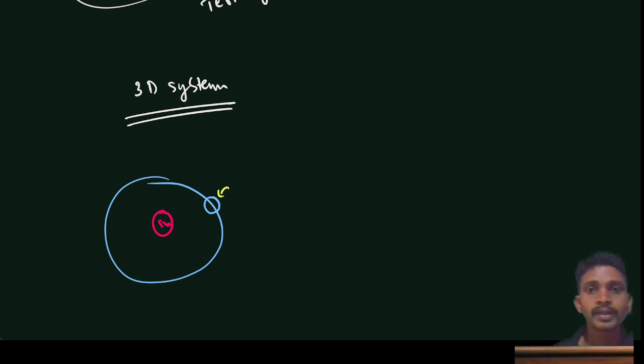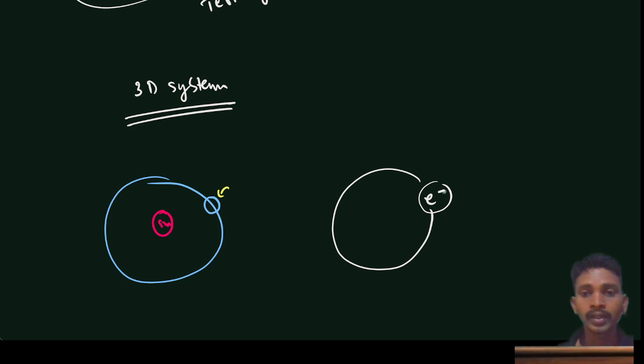Similarly, when an electron rotates, it rotates around itself and then around the orbit. When it rotates around itself, it creates spin angular momentum.